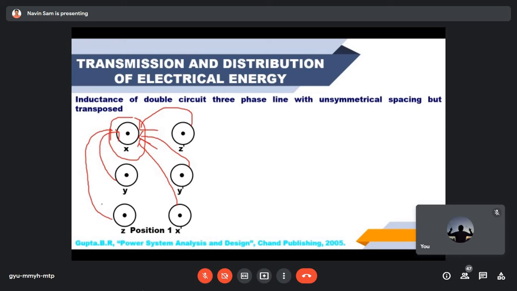For deriving that, I'm going to list certain distances between the conductors. Let me assume the distance between conductor X and Y is D. This is for the derivation purpose.